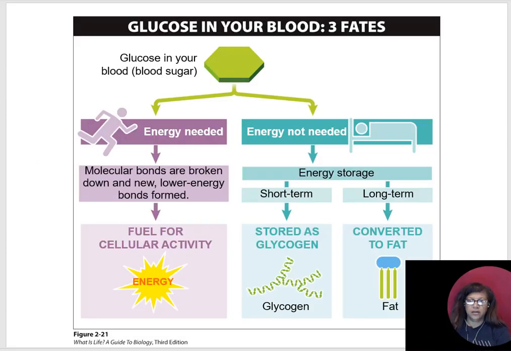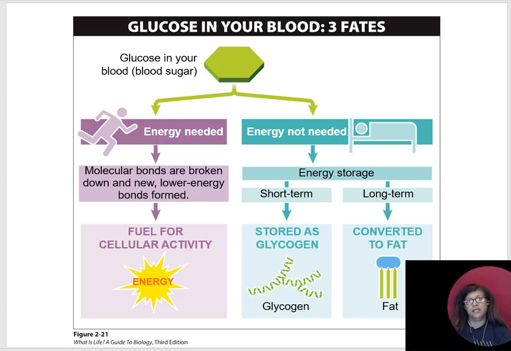So let's talk about glucose, our C6H12O6, in your blood. Glucose basically has three fates when you take in glucose. First off, say you actually need the energy right away.